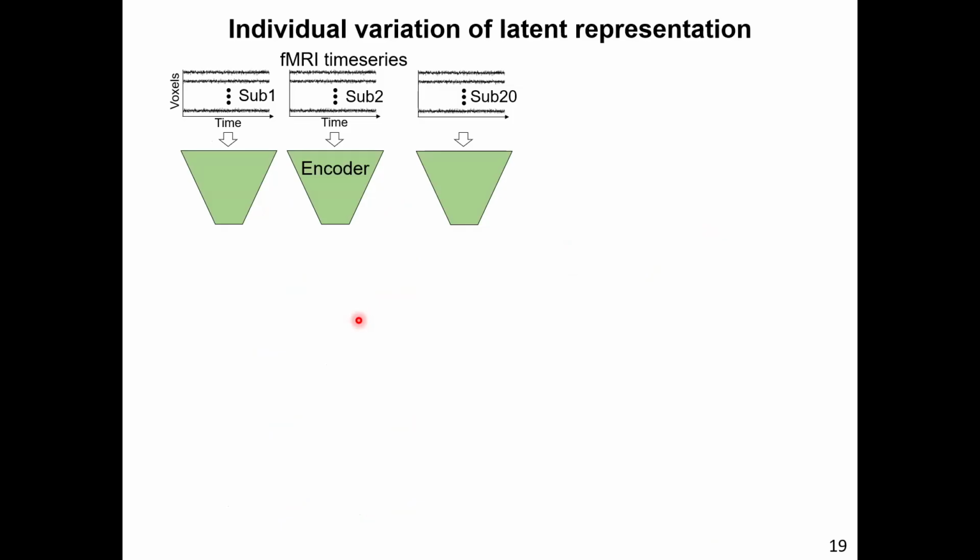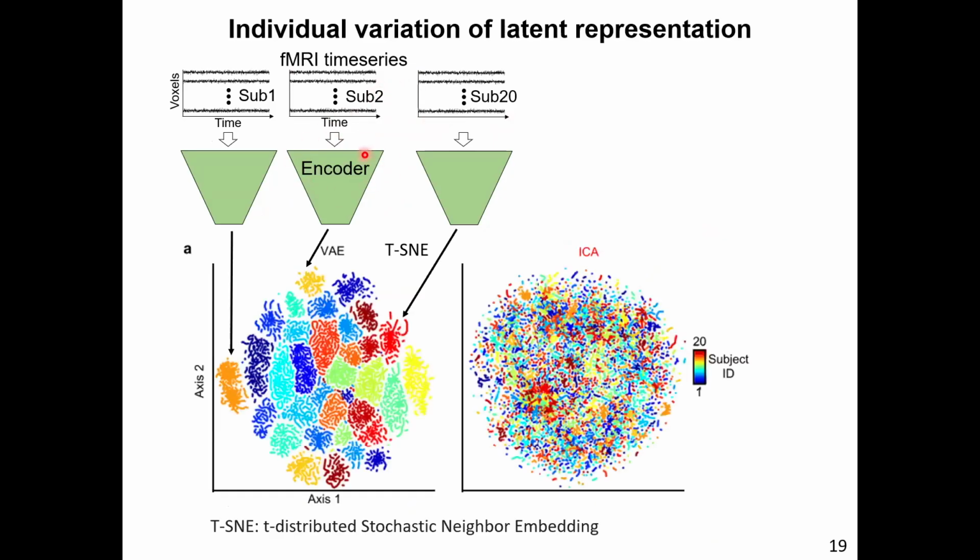So we took 20 subjects' fMRI data and again put them in the encoder. Then we plotted them in 2D space using the t-SNE method, or t-distributed stochastic neighbor embedding. What we observed is that their patterns are well differentiated across individuals. You can see all of them.